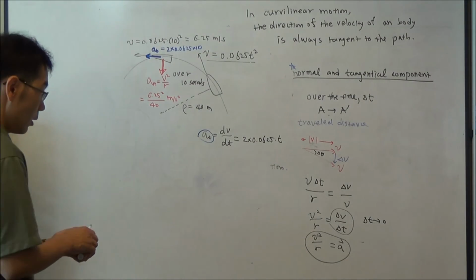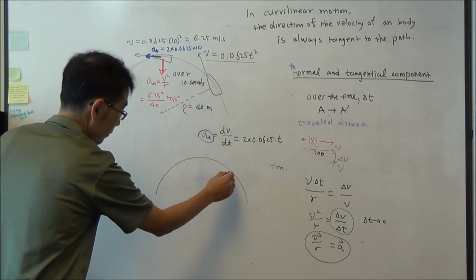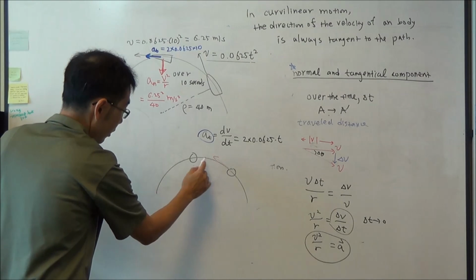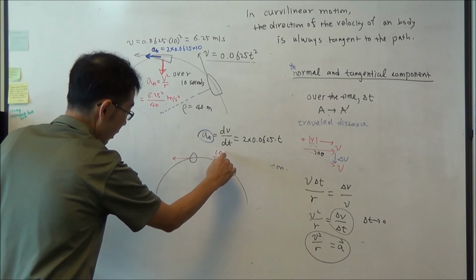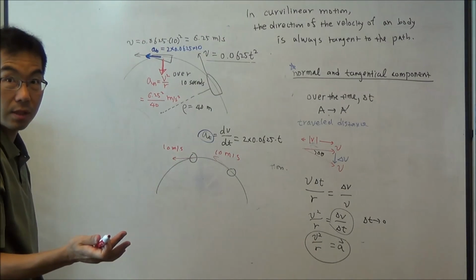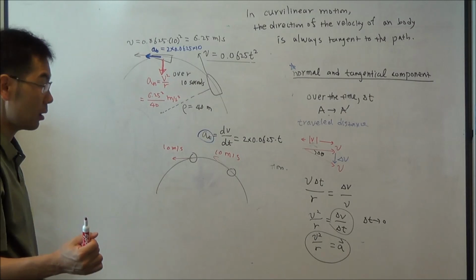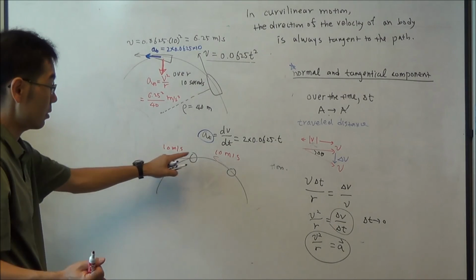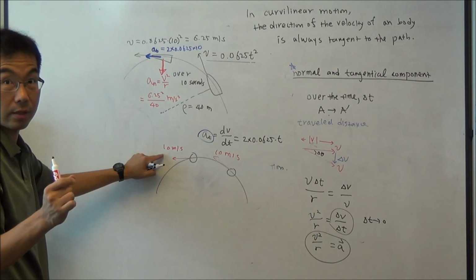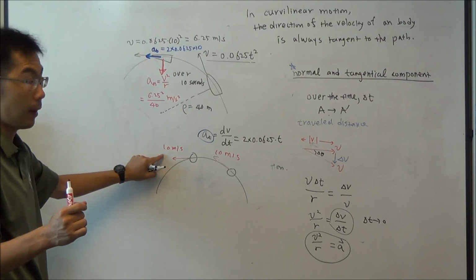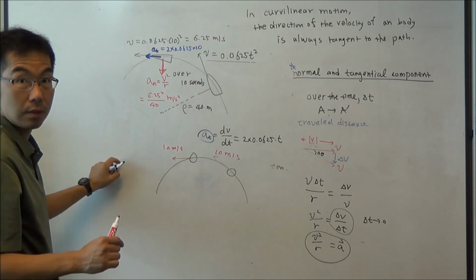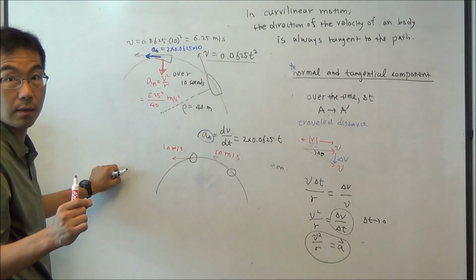Even though the velocity magnitude stays the same, let's say 10 meters per second, you may think there's no acceleration at all. But the direction changed, right? Even though the magnitude is the same, the direction changed. That's why the acceleration should be there.